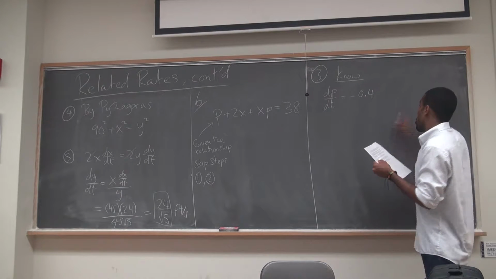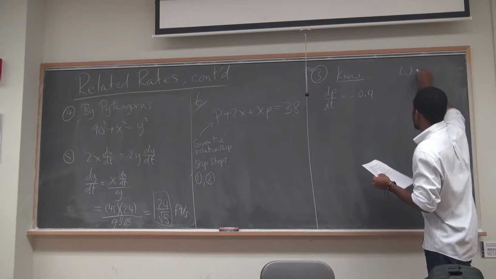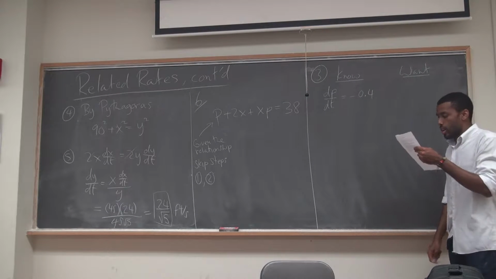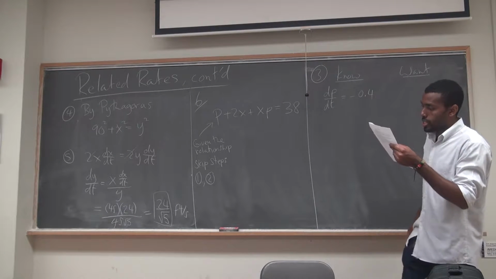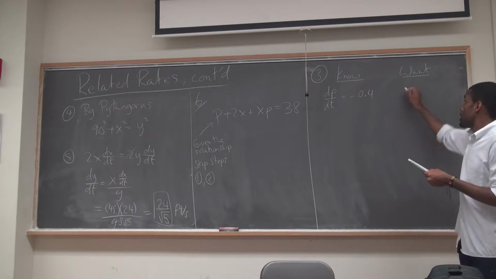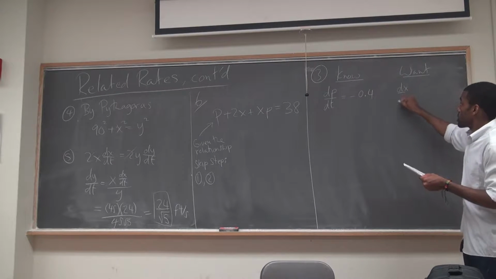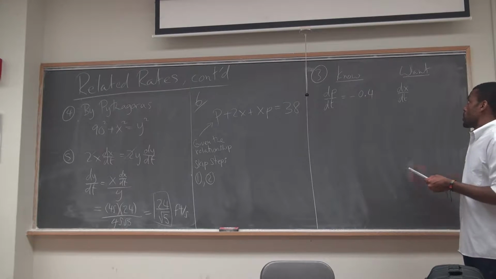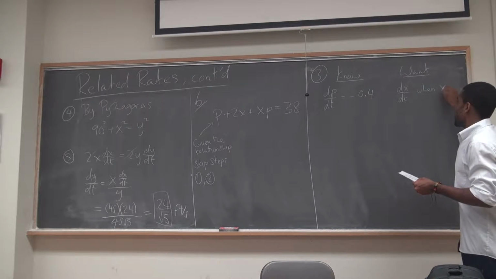Okay. What do I want? It says, how fast are the weekly llama sales changing when I'm selling 4,000 llamas? This means I want dx/dt, how many llamas I'm selling per week, when x equals 4.